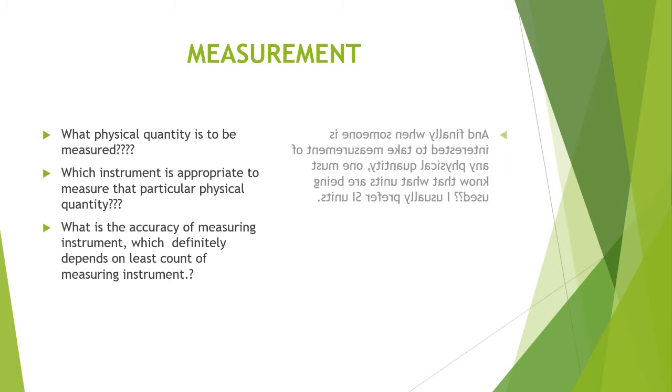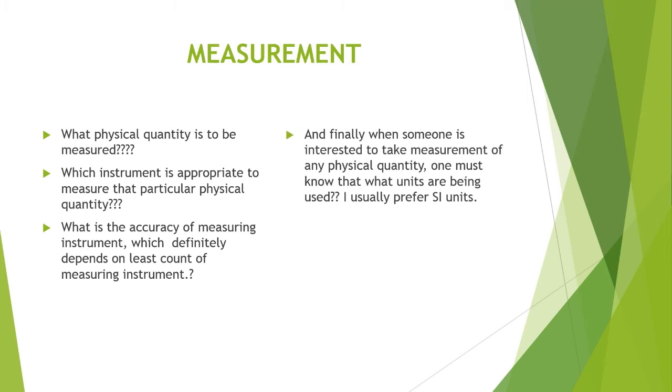So accuracy also matters a lot. And finally, which units you are using. In this video I answer all these questions one by one, so it is requested to watch this video till the end.